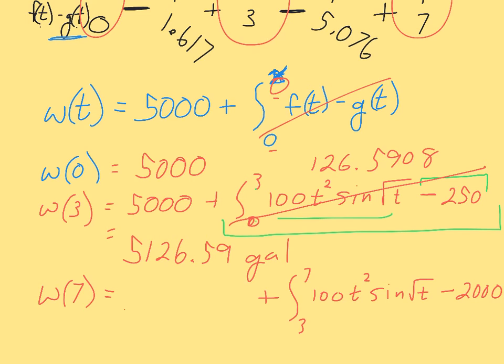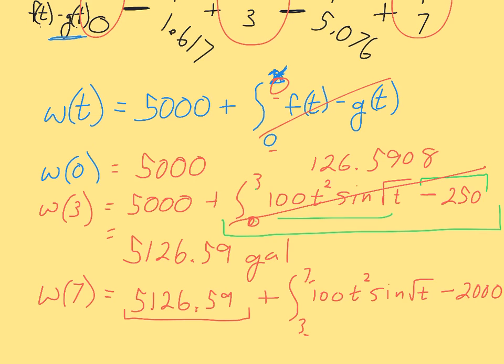Now, what did we add, though? This is the big part to remember. We can't start with 5,000 because we're only going from 3 to 7. So at 3 hours, we have what we just figured out, 5,126.59.